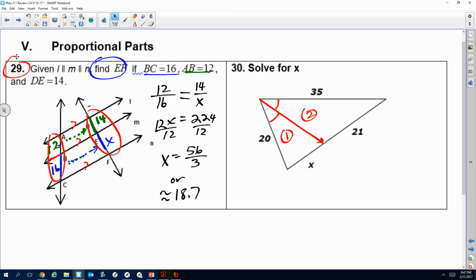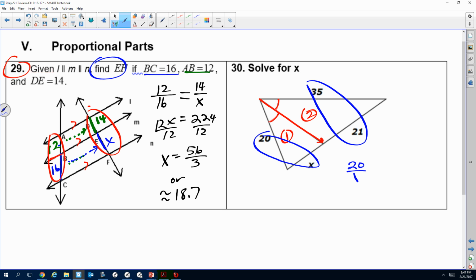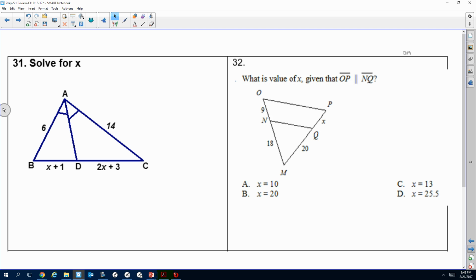The parts on triangle 1 go together and correspond with the parts over here. So your ratio would be 20 is to x as 35 is to 21. You're going to cross multiply and solve right there. That got you started on 31.